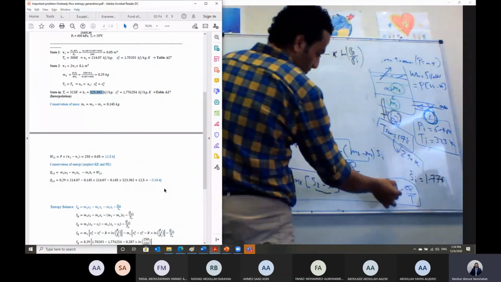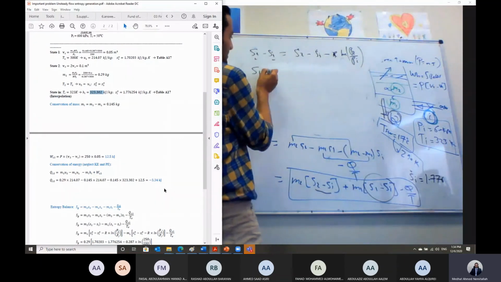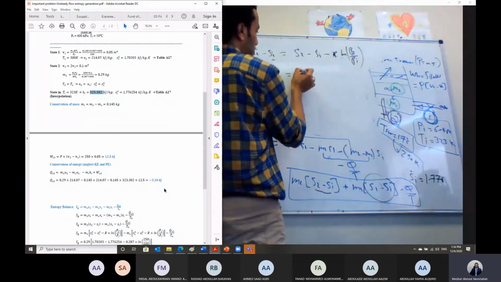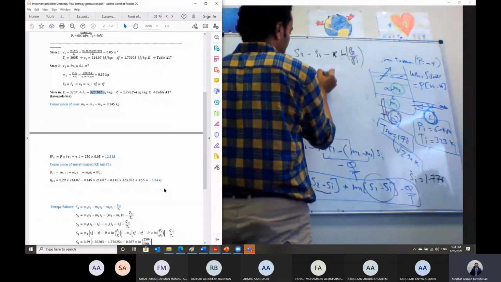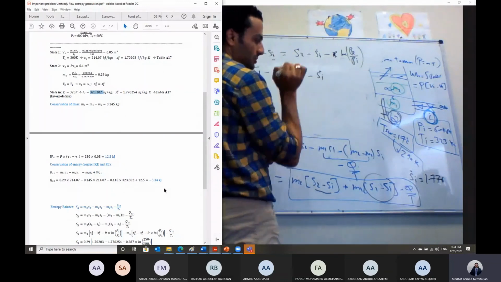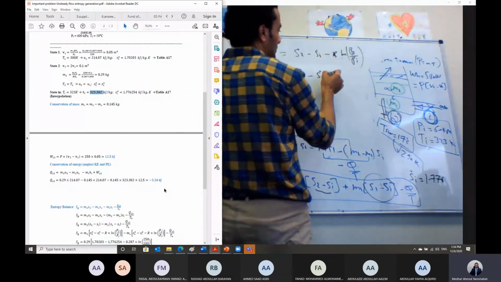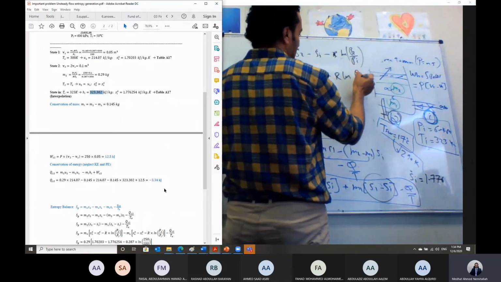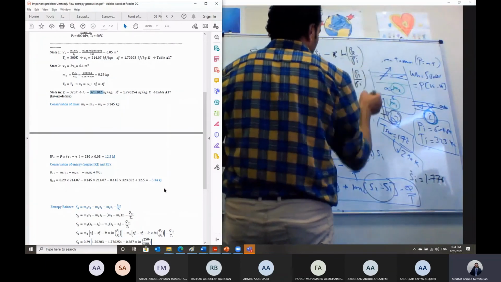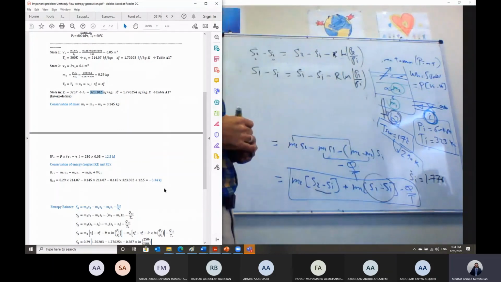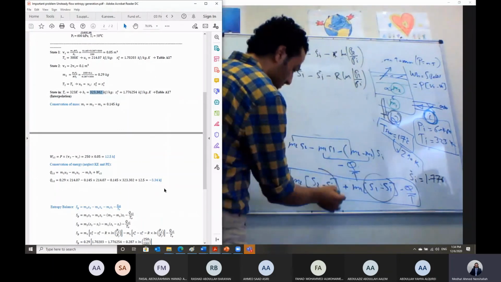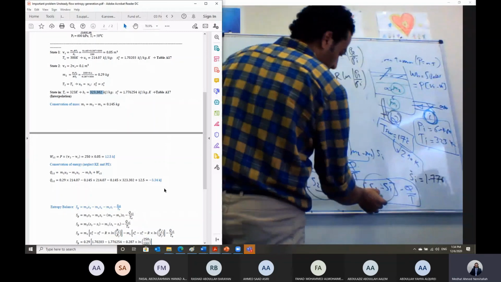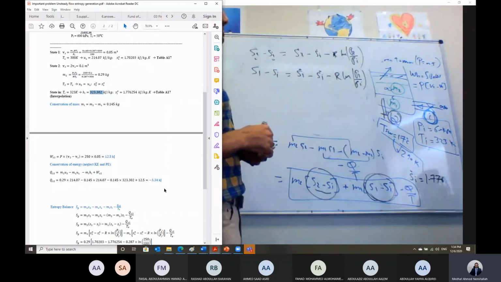And like this also, S1 minus S inlet should equal S naught 1 minus S naught at the inlet section, which we have just got from the table, minus R multiplied by ln P1 divided by the inlet pressure. And this is how we can calculate the terms S2 minus S inlet and S1 minus S inlet.